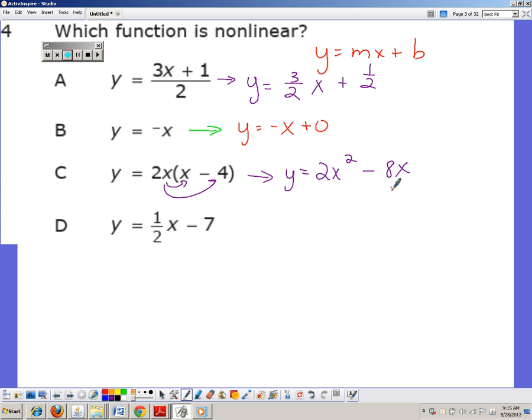As you can see, x has an exponent, mx plus b does not. Also, the 8 is multiplying the x, so the b is not by itself. So C is the nonlinear function. D is already written in the correct form, and again, 1/2 is multiplying the x, minus 7 is by itself. So the correct answer here is C.